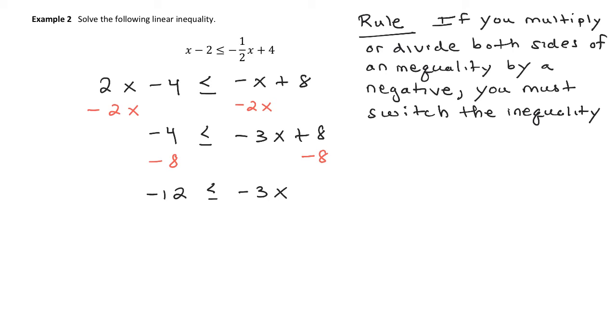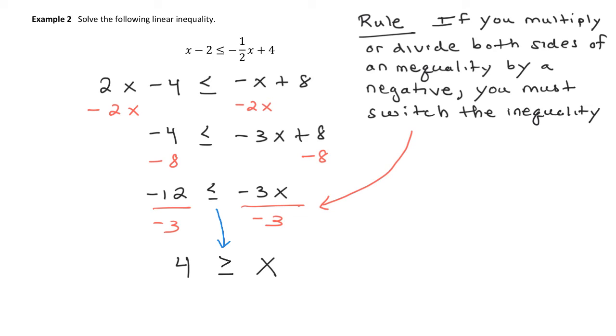And I'm at my last step. I have to divide both sides by negative 3. And this is where I need to be very careful, because on the left side you do get 4, on the right side you do get x, but you have to write this now as greater than or equal to. And that's because it started out less than, and now it has to be greater than.